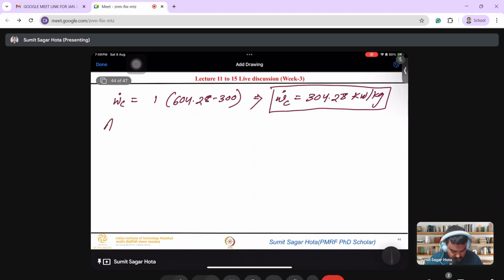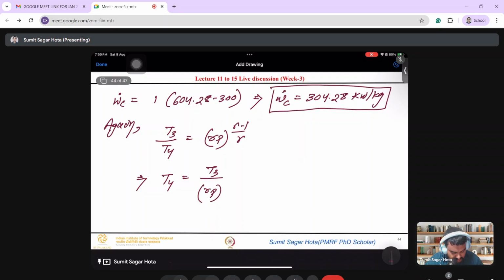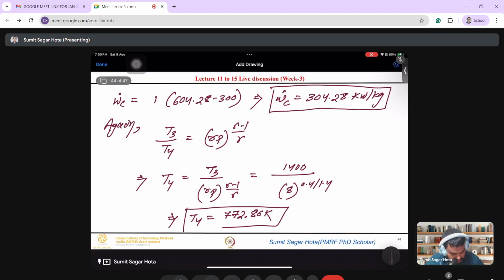Again, T3 by T4 is equal to Rp to the power (gamma minus 1) by gamma. So T4 is equal to T3 by Rp to the power (gamma minus 1) by gamma, which is 1400 divided by 8 to the power 0.4 by 1.4. So T4 is equal to 772.86 Kelvin.